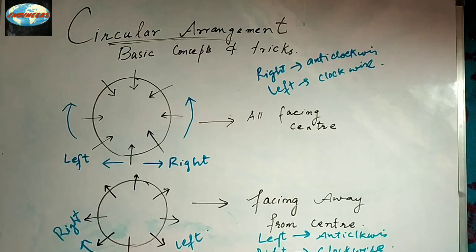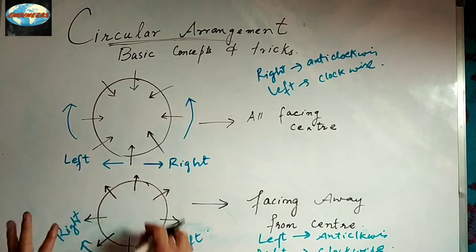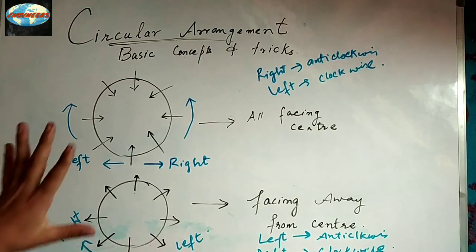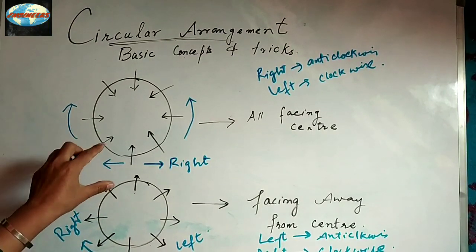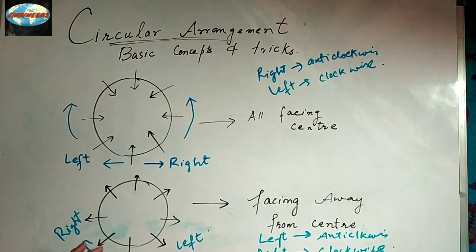People facing the center or facing away from the center, you have to just focus on this very point. So always remember that whenever there is a change in direction, by direction I mean facing the center or facing away from the center, there is a change in the sense of right or left. So always see whether the person is facing the center or facing away from the center.